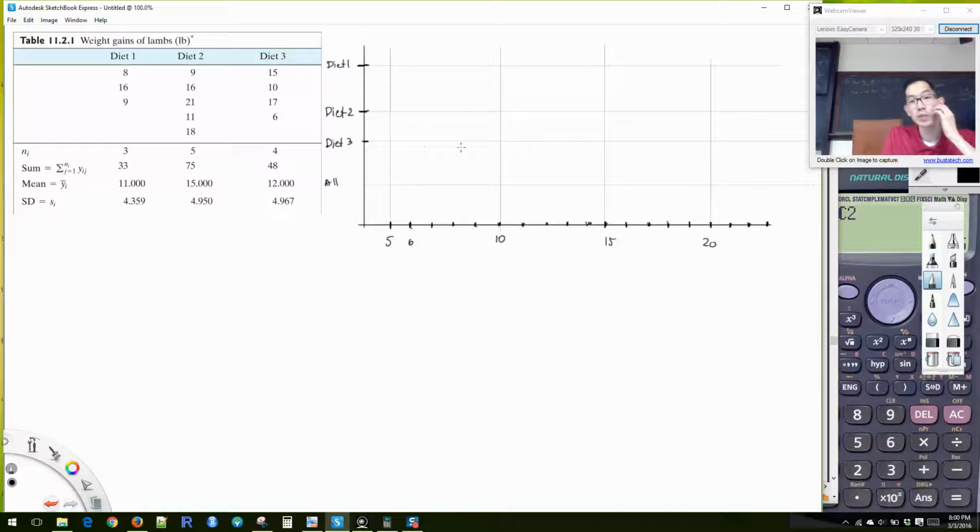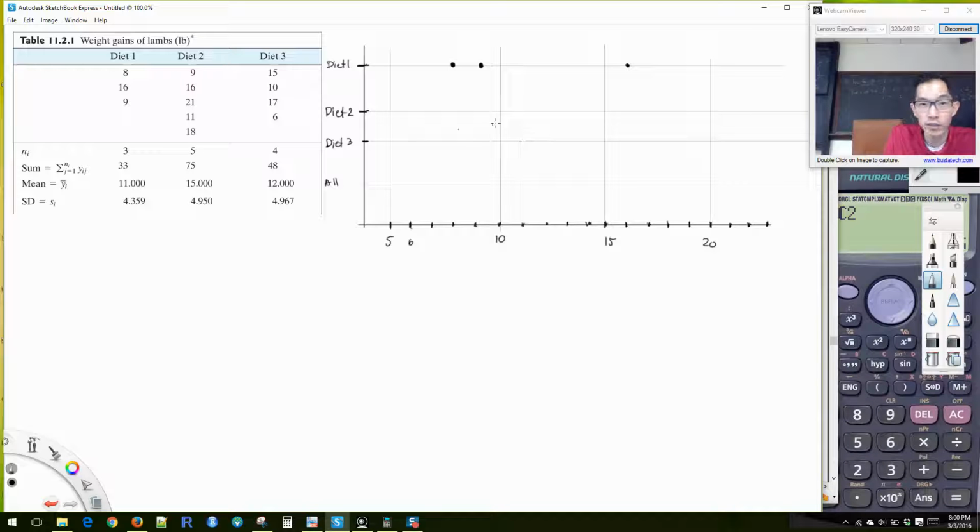All right, so all I'm going to do is graph these data points. On diet 1, we have a lamb that gained 8 pounds, a lamb that gained 16 pounds, and a lamb that gained 9 pounds.